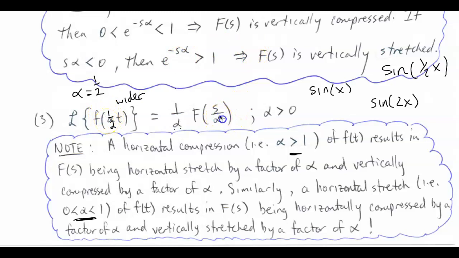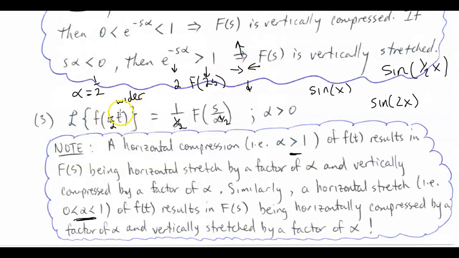Well, if I put a 1/2 here and a 1/2 here, that's going to be the same as 2 times big F of 2s. The 2 on the inside makes whatever function I have get skinnier, and this 2 here, since it's greater than 1, makes my function get taller.